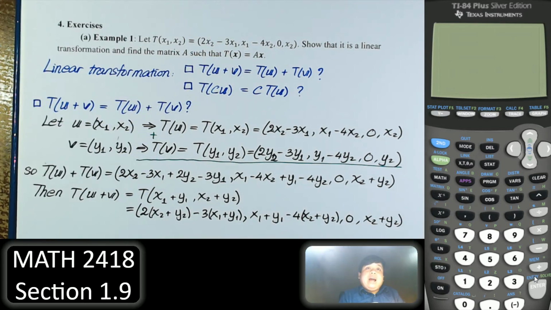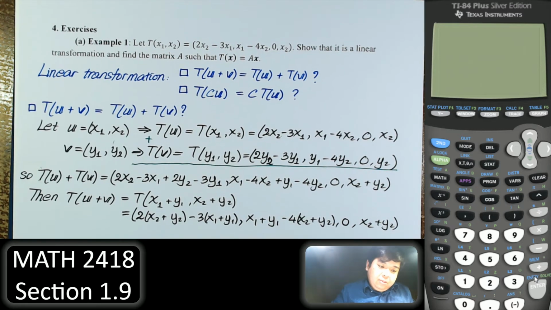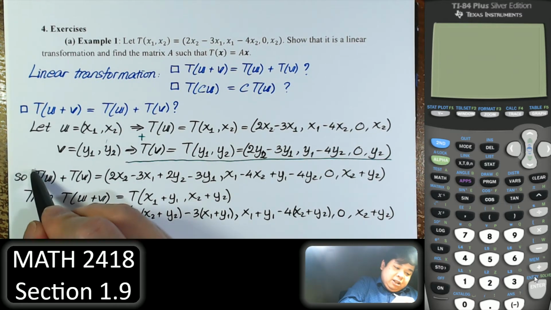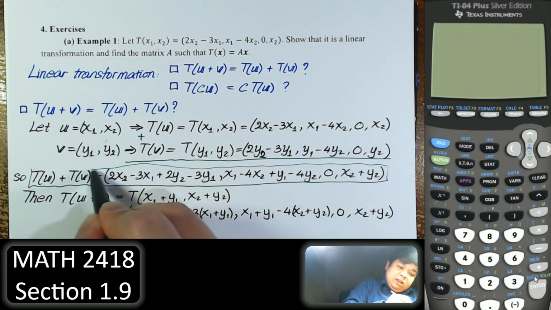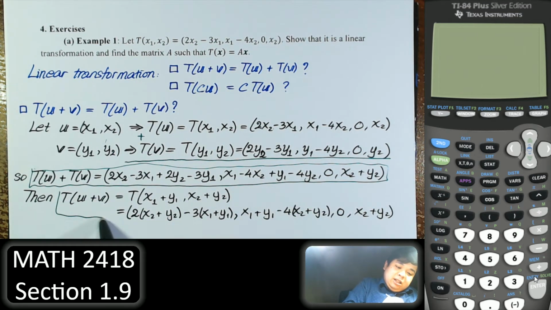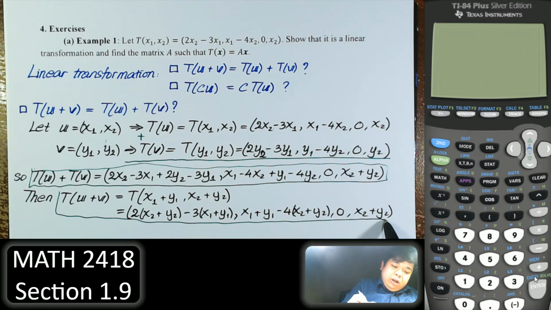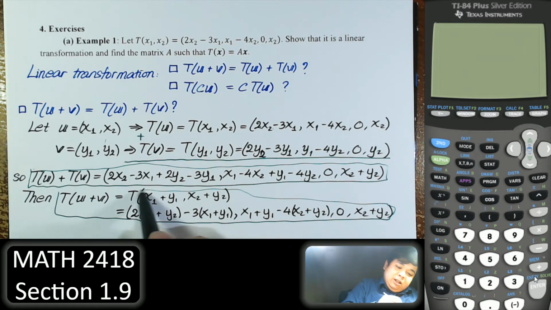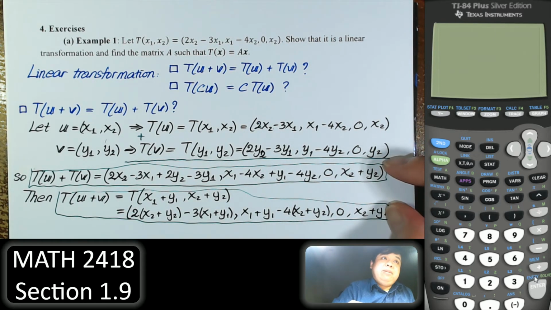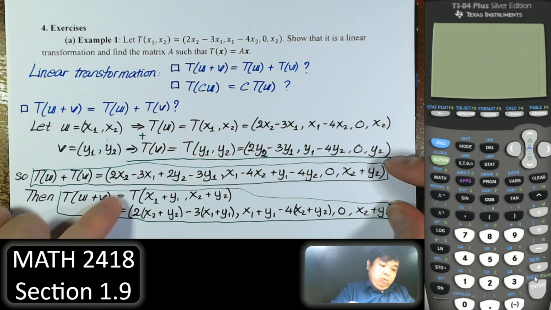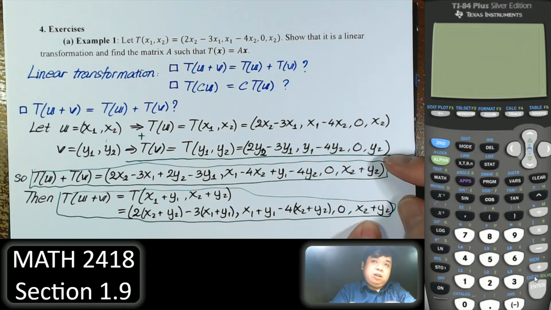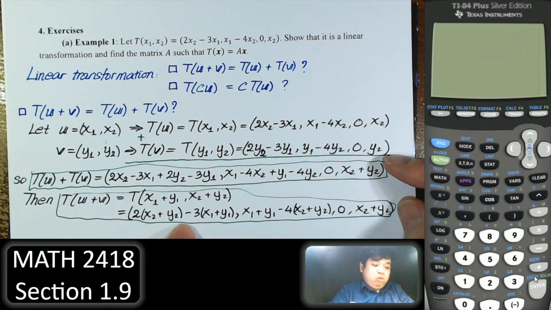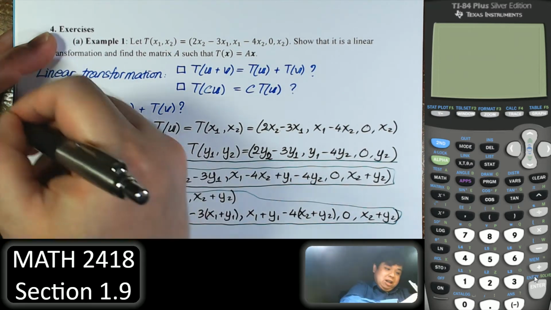Now, I've run out of space, but if you look at this T of u plus T of v, and then T of u plus v, these two are the same. If we multiply it out, you see 0, x2 plus y2. These two will be the same. Just multiply it out. Those two are exactly the same. So that checks.